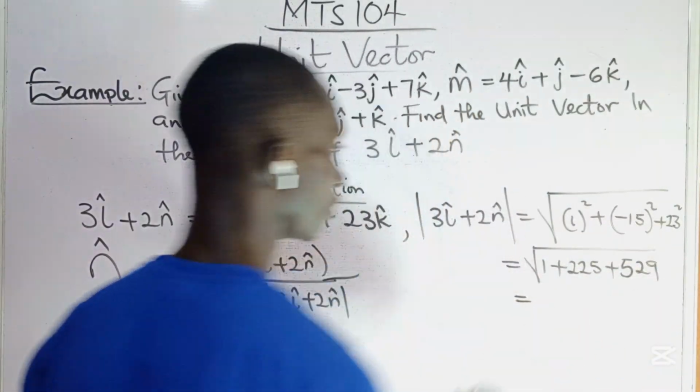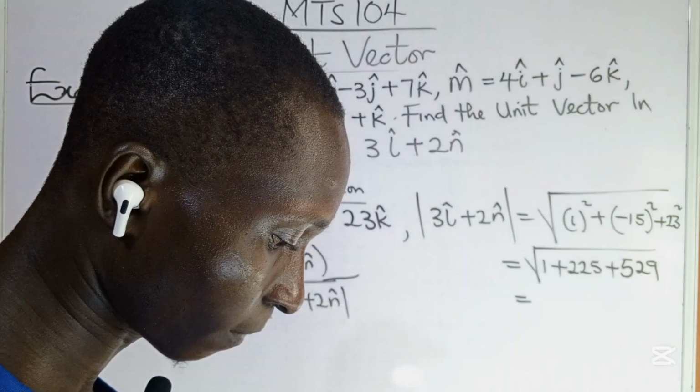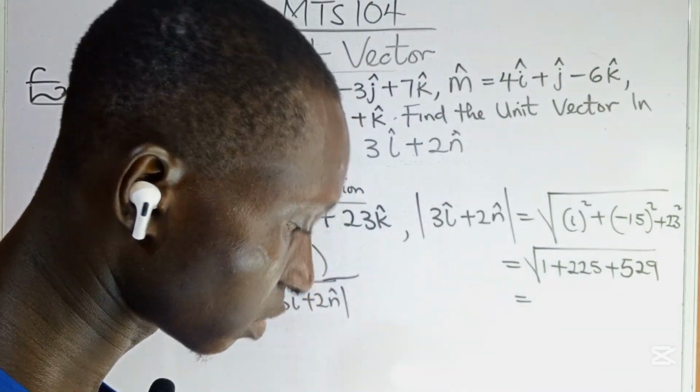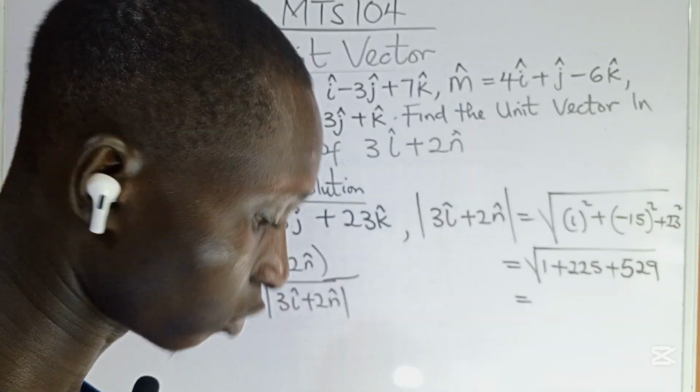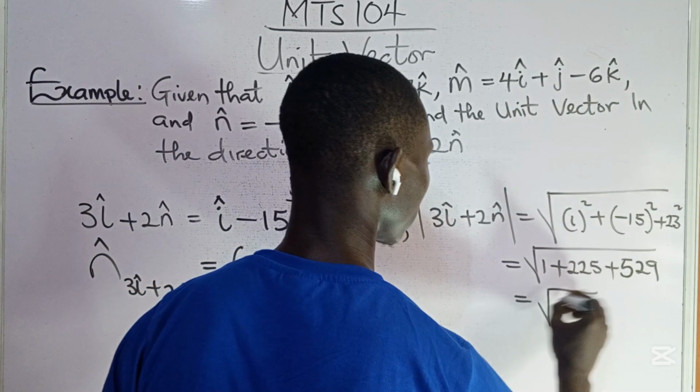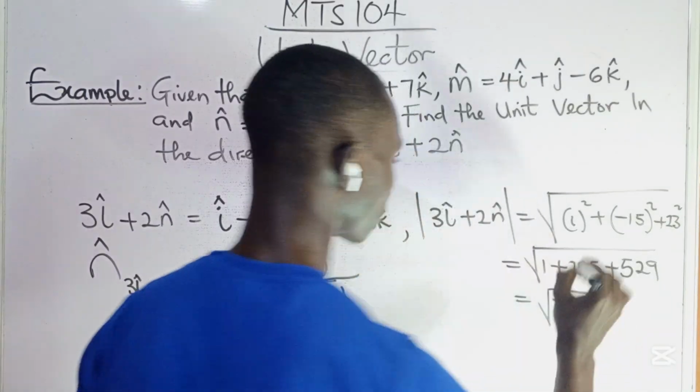So let's add up what we have. That's 1 plus 225 plus 529, which is square root of 755.